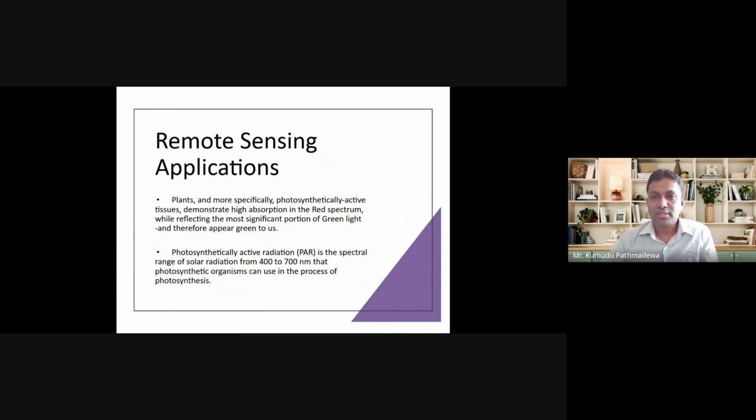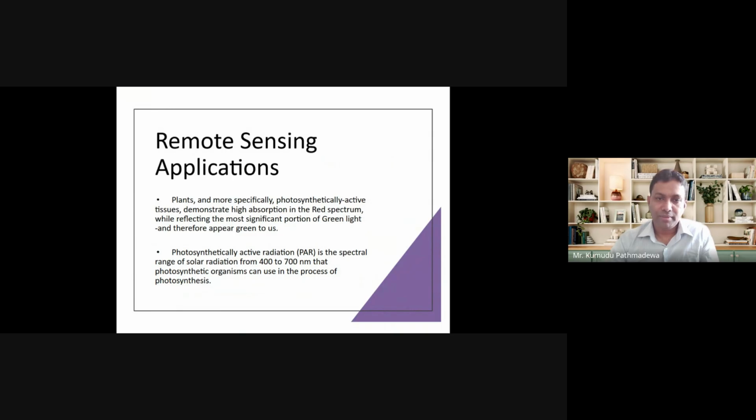So we can understand the reflected green light, and we can detect some properties of leaves when we are working with that spectral range.